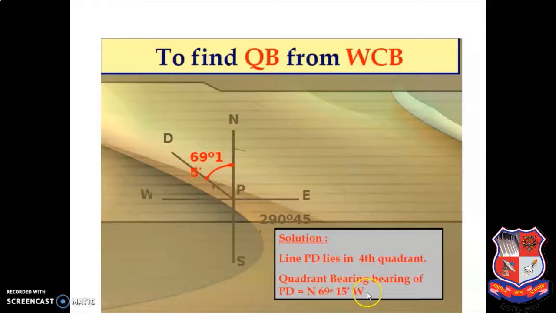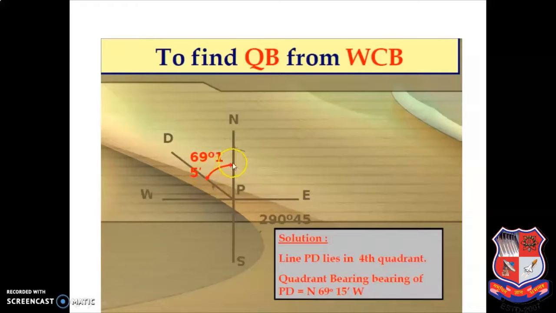How? From the north direction to here, what will be the value? 360 degree, and 290 degree 45 minute. It is again from the north direction up to this stage. So from 360, this whole circle from north to north, if you deduct 290 degree 45 minute, you will get this value.